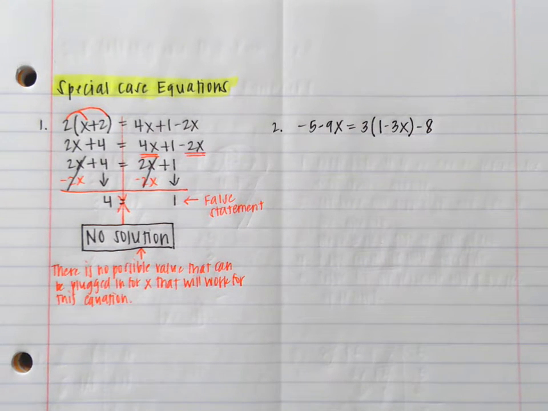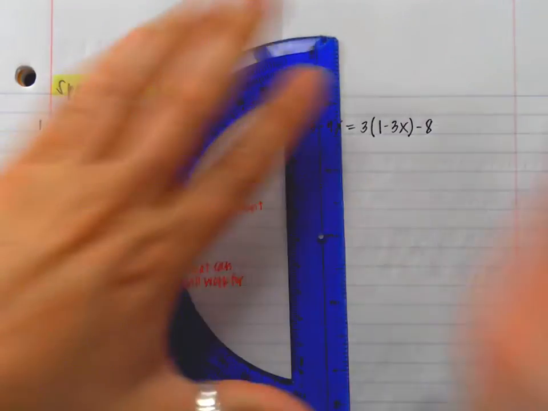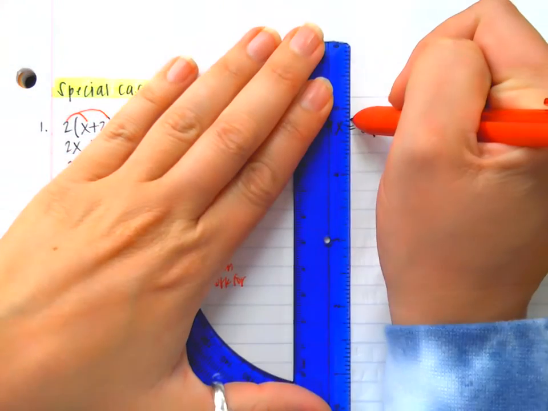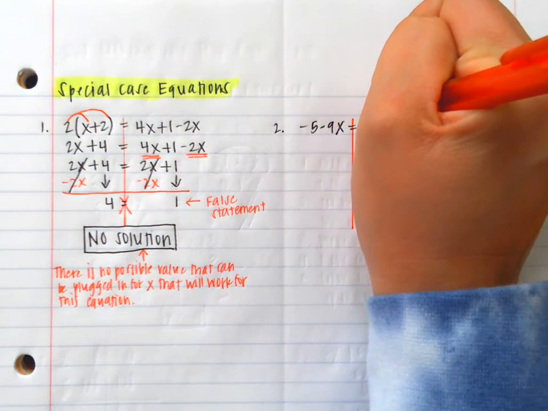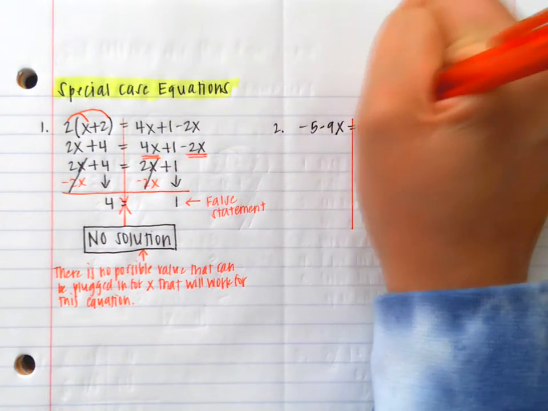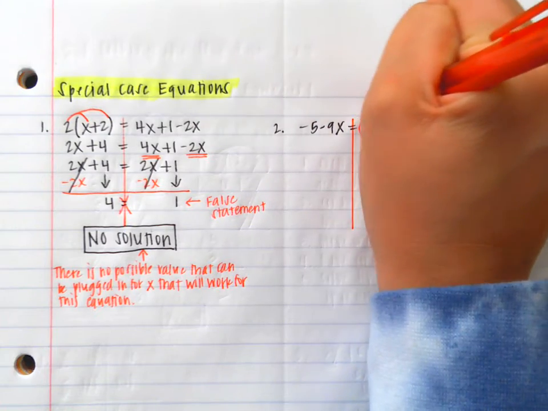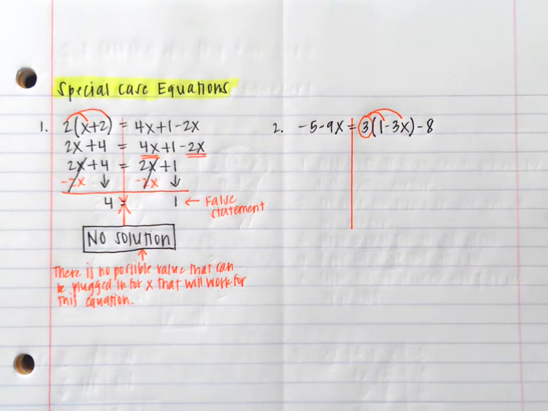Your first thought, hopefully, is what's our first step here? First step is to distribute. So I'm going to draw my line down the center, and I'm going to distribute the 3 to the 1 and to the negative 3x.